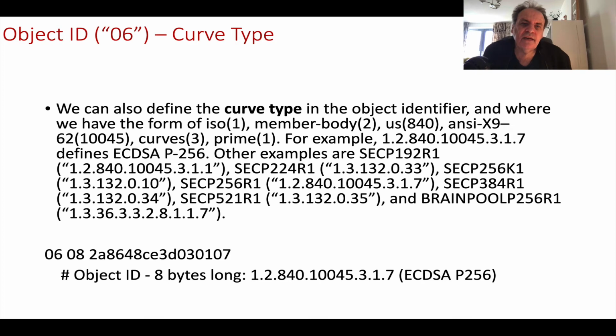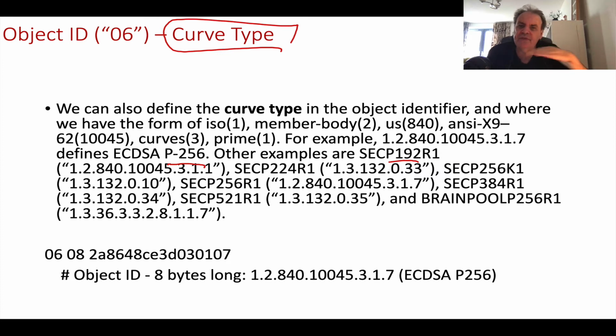Another object identifier that we can get is the type of crypto, and in this case, we're using elliptic curve as an example. So this will identify the elliptic curve type. So it might be a 256-bit curve, such as P256, or a 192, and so on.